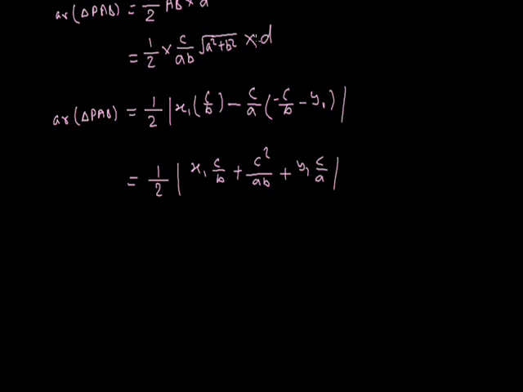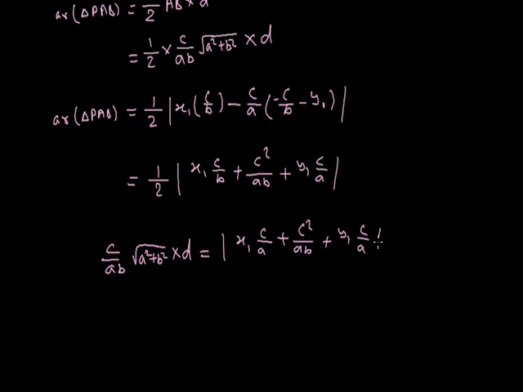Now we can equate these both expressions, because both are the area of the same triangle. So here c by ab into under root a square plus b square into d is equal to mod of x1 c by b plus c square upon ab plus y1 c by a.